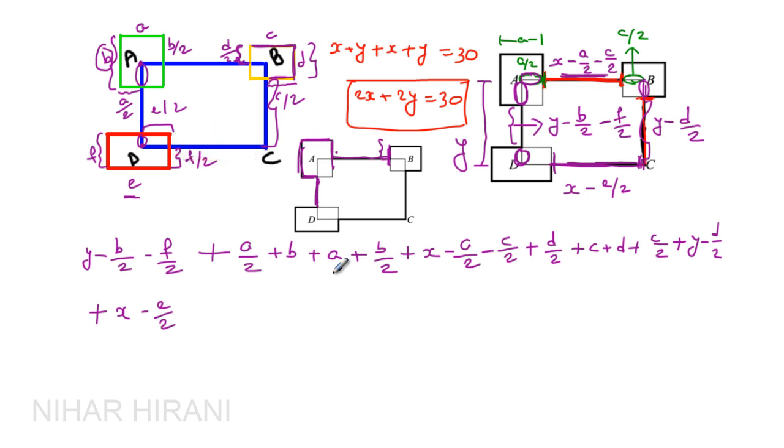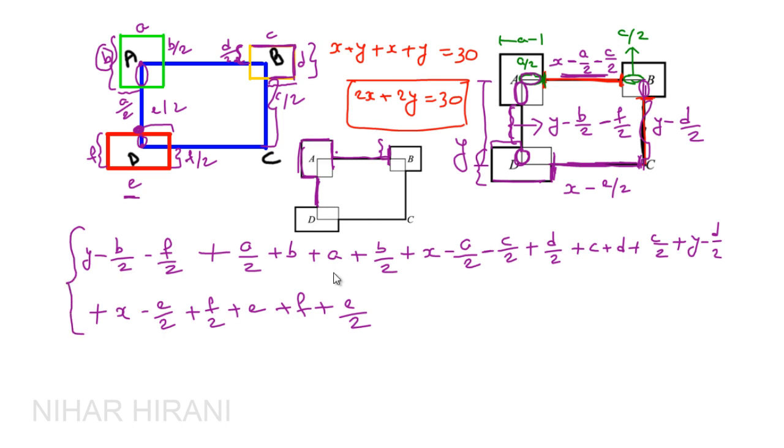Then this much, so this much is f upon 2, plus this much is e, this much is f, plus this much is e upon 2, and that's it. Because we started calculating from here, y minus b upon 2 minus f upon 2, that is this much. So we are done with everything and we need to find this.